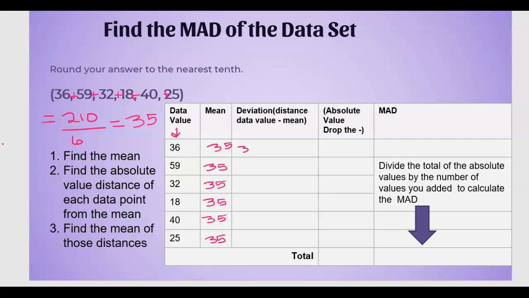36 minus 35 is 1. 59 minus 35 equals 24. 32 minus 35 is negative 3. 18 minus 35 is negative, let's see... I'm going to check that on my calculator because I'm not sure. 18 minus 35, 17.